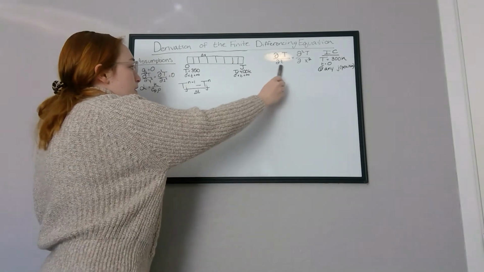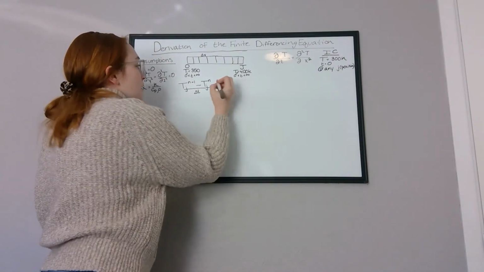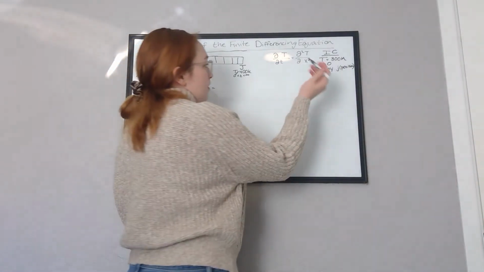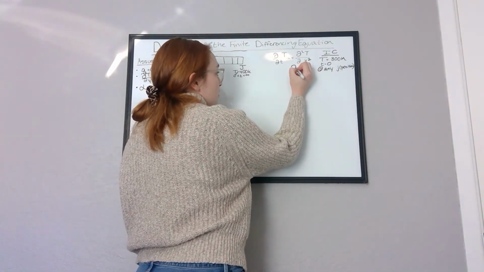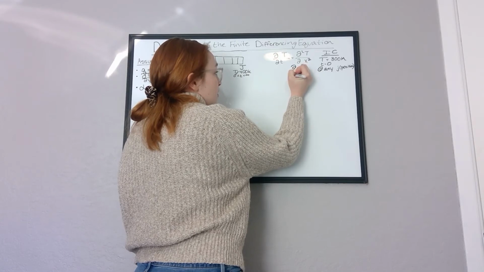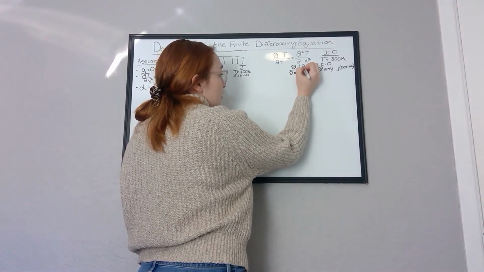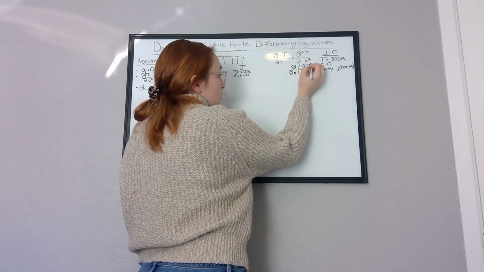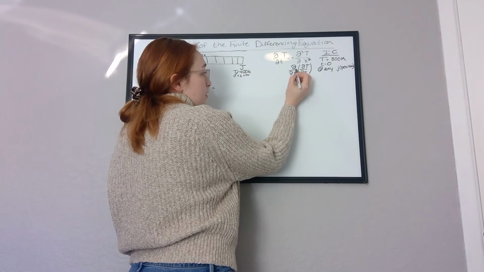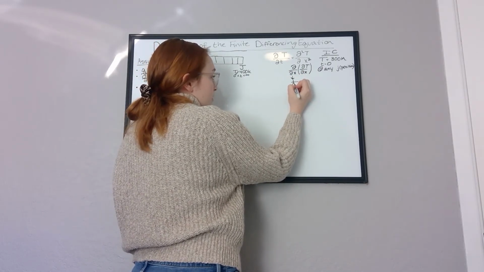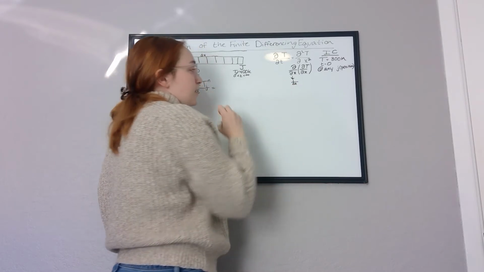So that's this term. That will equal, and this side of the equation can be simplified into the two partial derivatives. And then this term is just the change in x, so we'll put 1 over delta x.